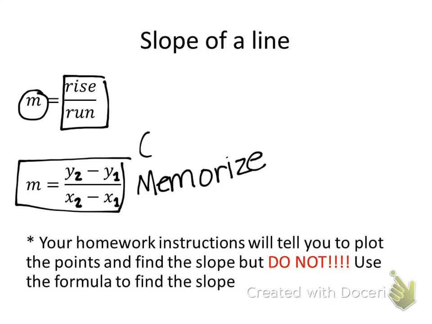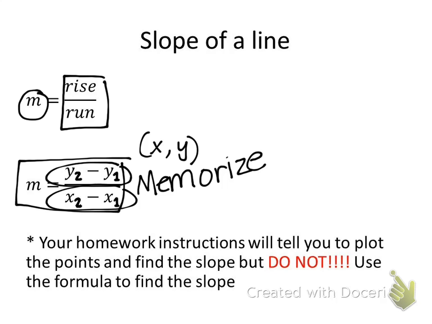Now remember, an ordered pair is always written x comma y. So if you notice, the y values go on top and the x values go on bottom. The y values are your rises, and the x values are your runs, okay? Now, a little thing about your homework tonight.